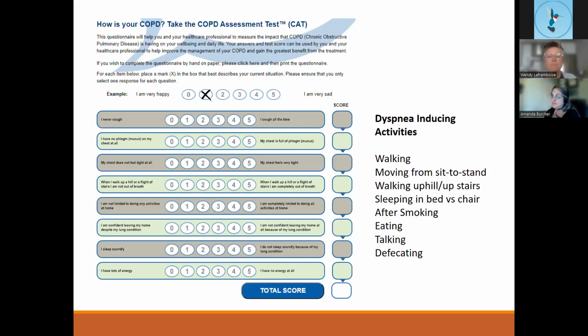Are you dyspneic after you smoke? Does eating and talking make you feel dyspneic, as well as defecating? Often patients have to bear down to achieve a bowel movement, and sometimes that involves holding their breath, or it breaks that rhythm of breathing that we talked about earlier. And so defecating is often a very dyspnea-inducing activity for someone with COPD.